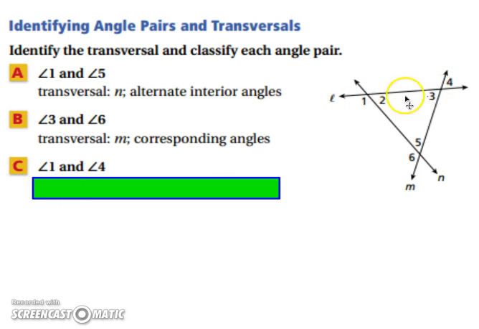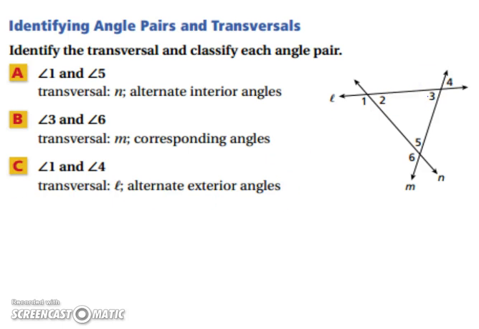Angle 1 and 4 both deal with line L, so L is your transversal. And then 1 and 4 are on the exterior, and they're alternate, so alternate exterior angles. And that concludes our lesson on lines and angles.